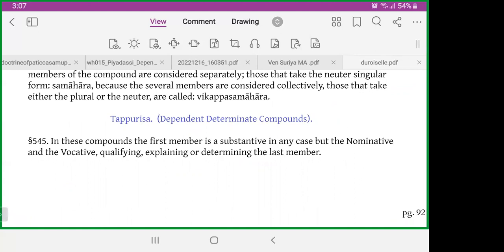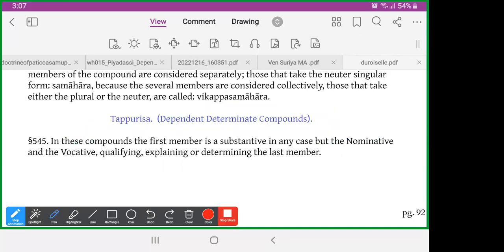Okay. So in these compounds, the first member is a substantive in any case, but the nominative and the vocative, qualifying, explaining or determining the last member. Basically, in the Tappurisa, later we see the example, there will be two parts: the first member and the last member. It's like one member combined with another one.